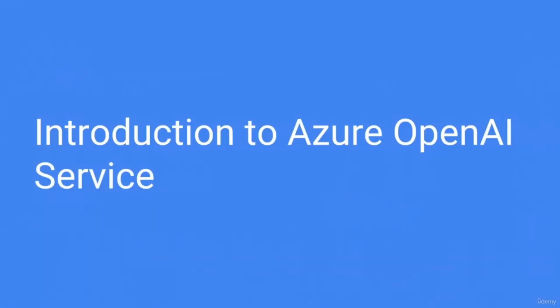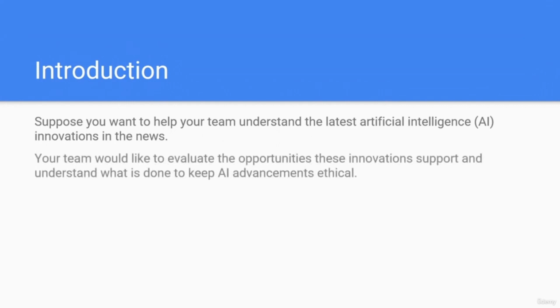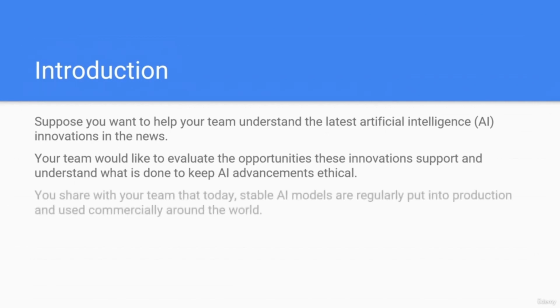Introduction to Azure OpenAI Service. Suppose you want to help your team understand the latest artificial intelligence (AI) innovations in the news. Your team would like to evaluate the opportunities these innovations support and understand what is done to keep AI advancement ethical. You share with your team that today, stable AI models are regularly put into production and used commercially around the world.